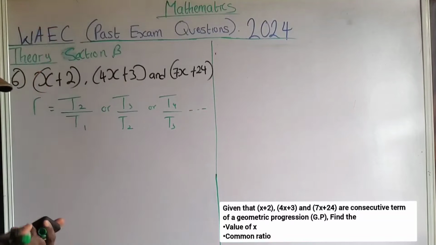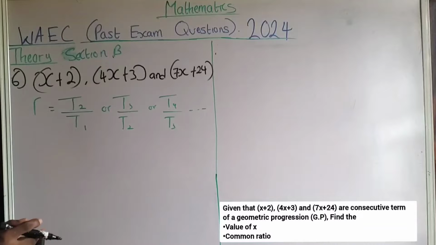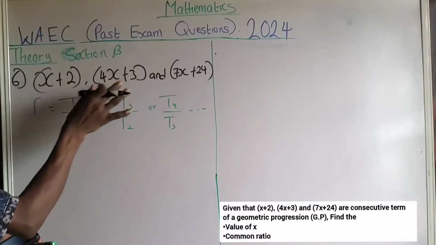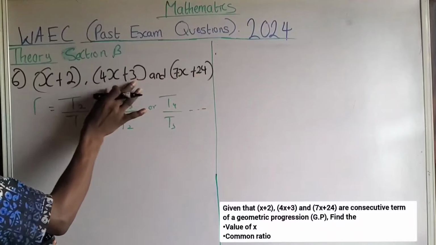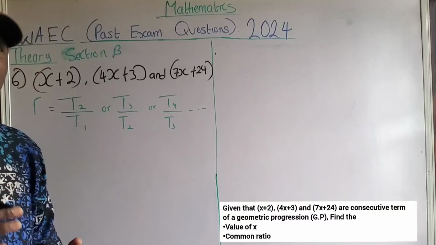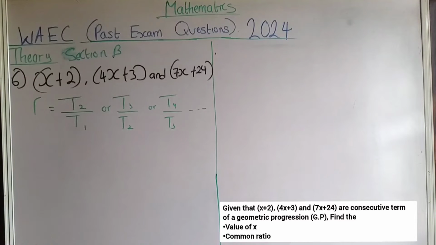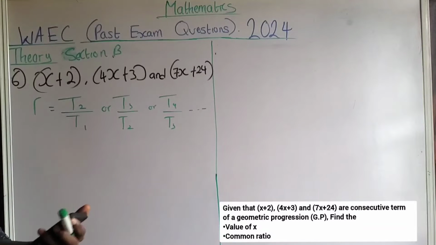Since these are consecutive terms, if I divide this term by this term, it will be equivalent to this term over this term. A geometric progression is a kind of progression that differs by a constant common ratio. That is, when you take the ratio of two successive terms in the geometric progression, you arrive at the same answer.